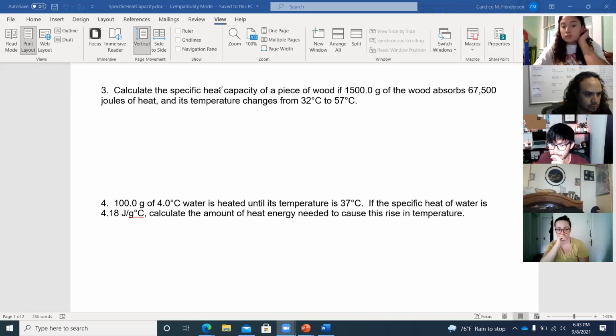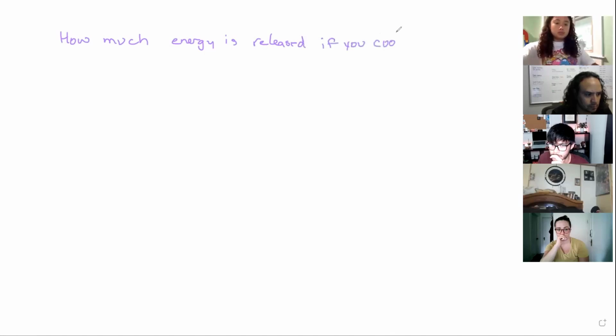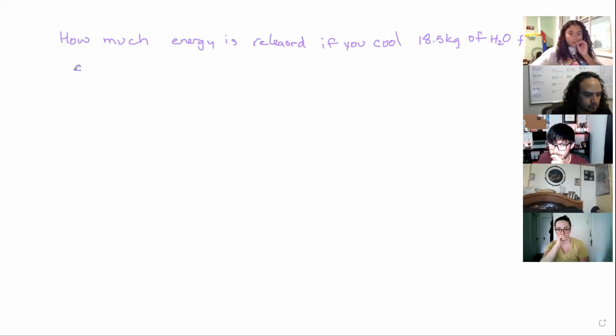Let's see. Okay. How much energy is released if you cool 18.5 kilograms of water from 87.8 degrees Celsius to 13.5 degrees Celsius?